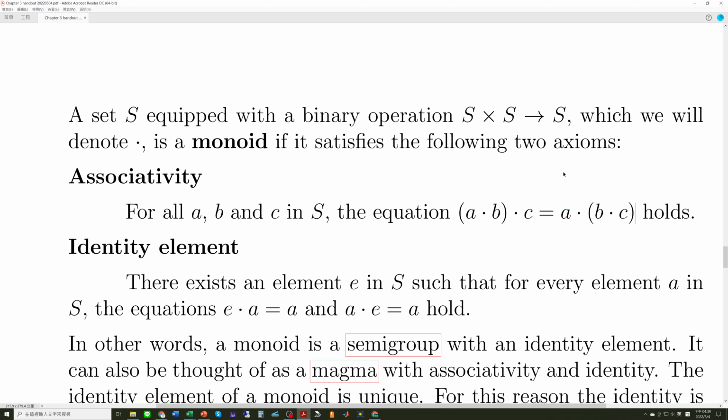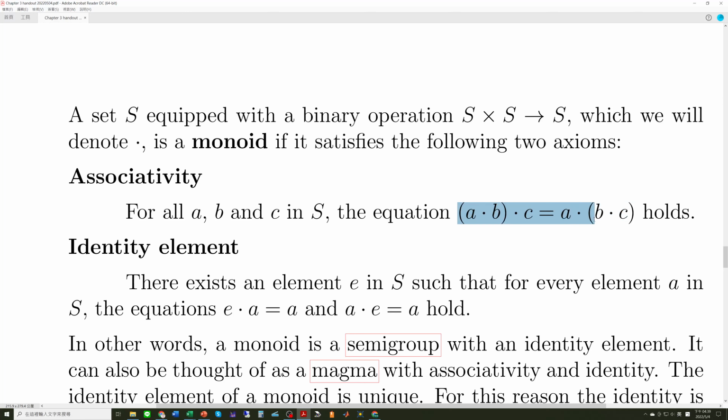That is, if you want to compute A dot B dot C, then you can compute A dot B first, then dot with C. Or you can also compute B dot C first and compute A dot (B dot C).